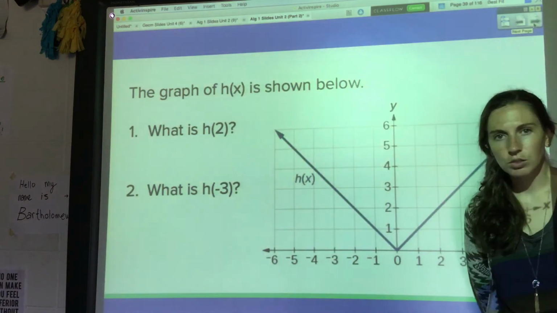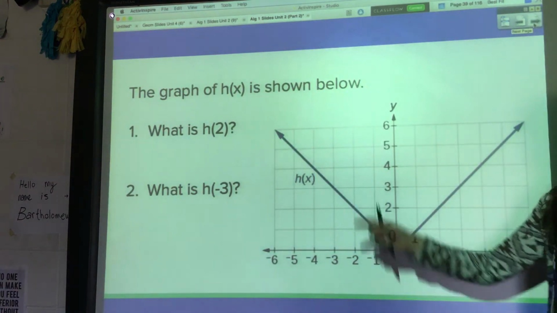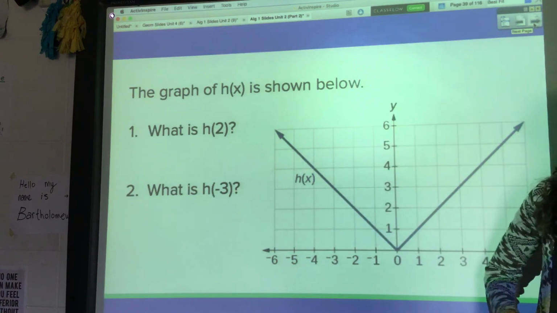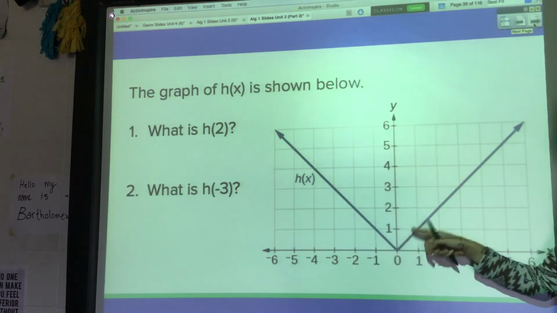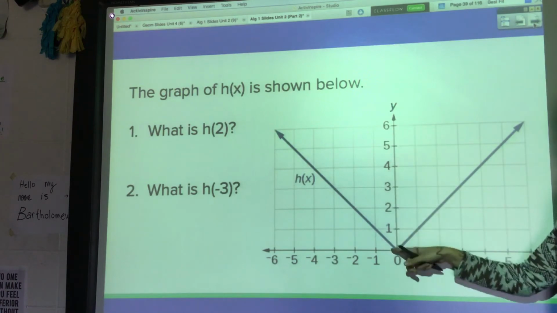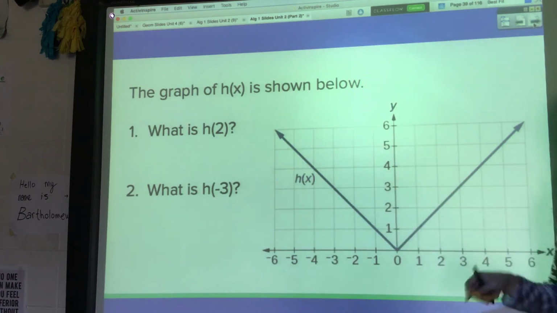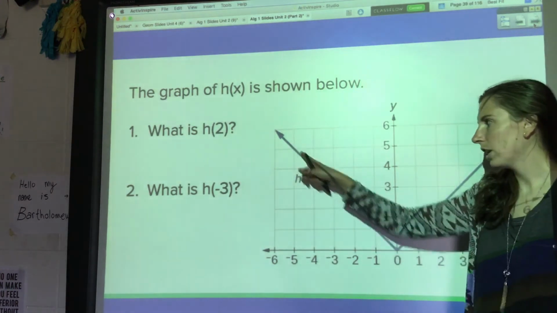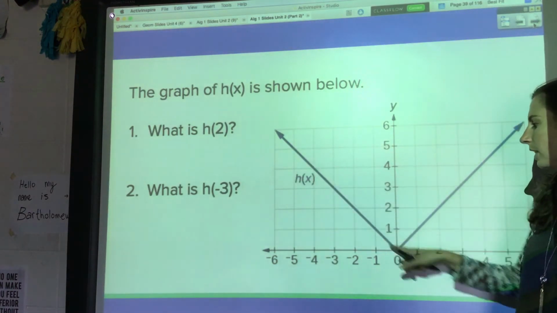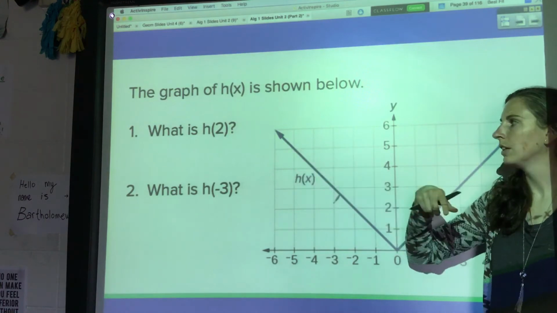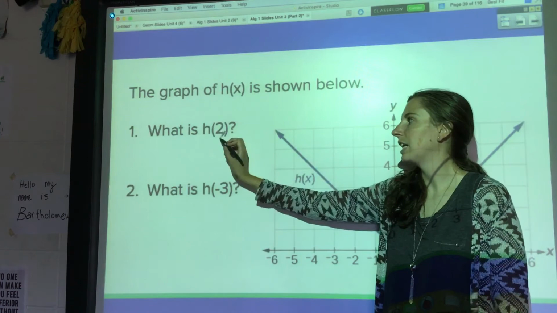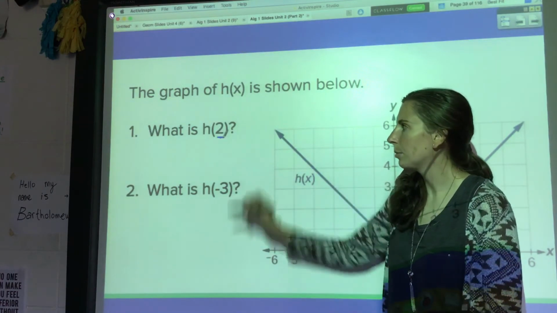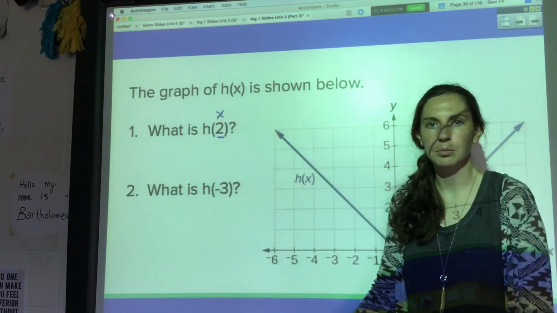All right, we can also do this with a graph because a graph is just a visual representation of a function of inputs, which are the x values, and outputs, which are the y values. And it helps me to say input and output sometimes instead of x and y. For example, this graph is function h, it's labeled. I want to know what happens if I have an input of 2. Remember, this is the x value, it's the input.